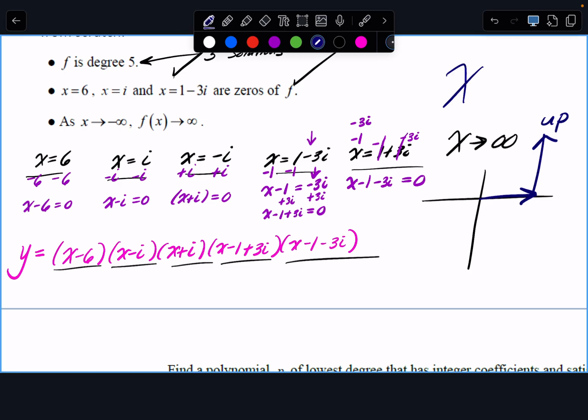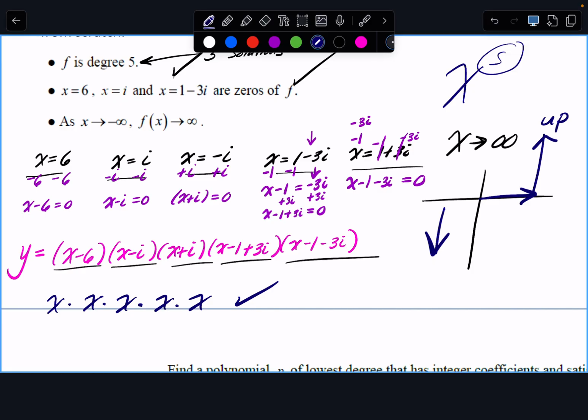Well, isn't it x to the 5th? So is it up and up? No, can't be, because up and up would be an even power. So it must be down and up. So let's see here. If something is down and up, should the leading coefficient be positive or negative? Positive. Is it currently positive? Let's look. x times x times x times x times x. It is positive, so we're good.